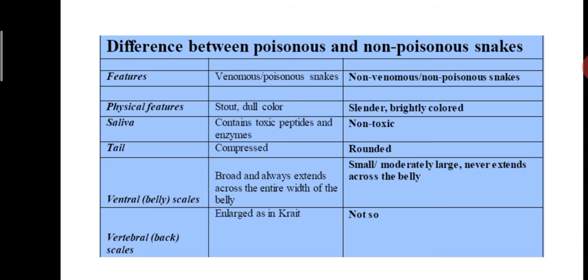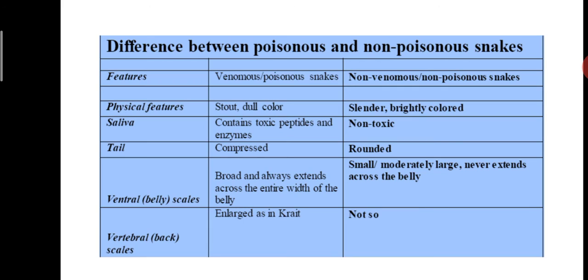Saliva contains toxic peptides and enzymes in venomous snakes, non-toxic in others. Saliva secretion will be more in the venomous snake. Tail is compressed, as I was saying before, and rounded in the non-poisonous snake.